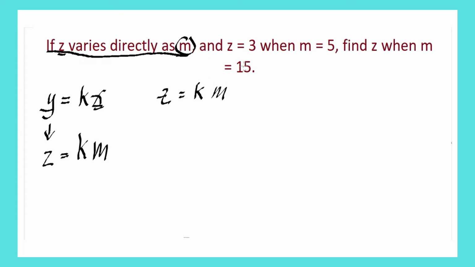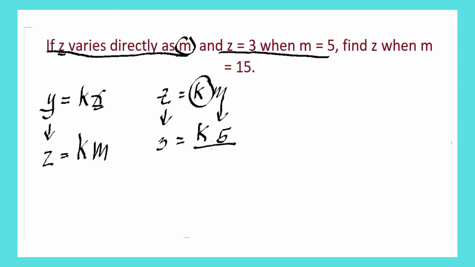Now, let's have the first situation. It says here z is equal to 3 when m is 5. So we are going to solve for this k. All right, so how are you going to solve for that? You are going to take out the coefficient of this side.